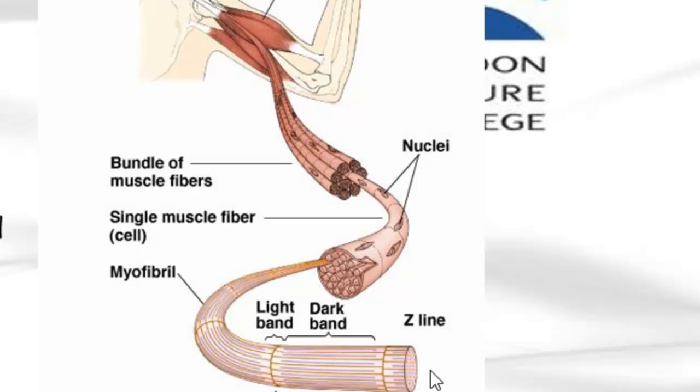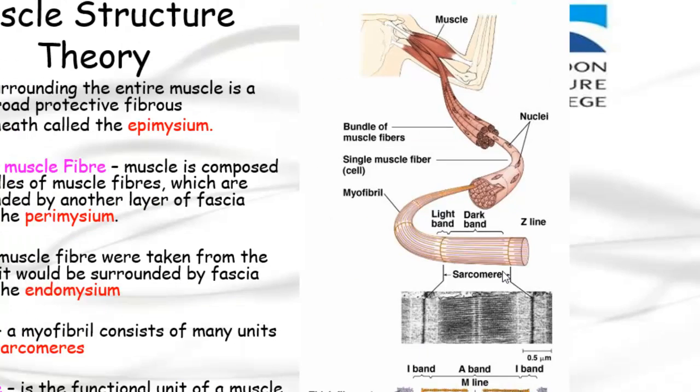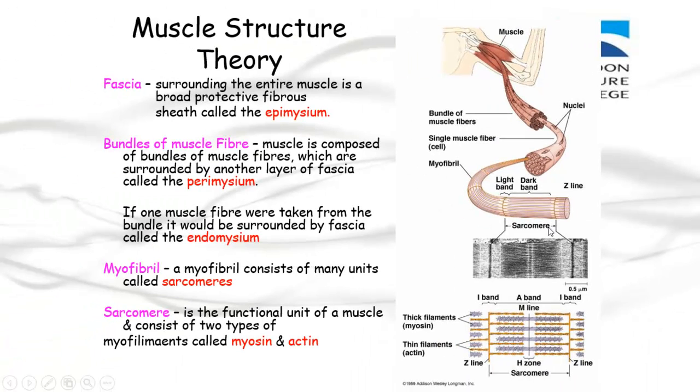A sarcomere is the functional unit of a muscle and consists of two types of myofilaments. These myofilaments are called myosin, which you can see here, and these are the thick filaments which are in blue, and then actin are the thin filaments in between. And this is what causes the muscles to contract.